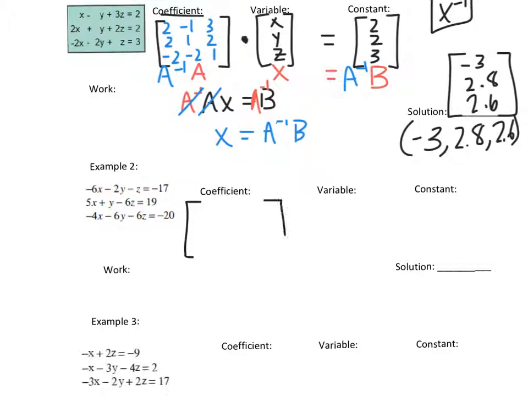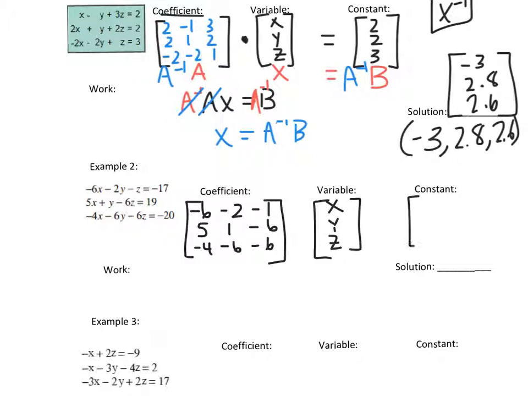So again, it's going to be a 3 by 3: -6, -2, -1, 5, 1, -6, -4, -6, -6. Your variable matrix is XYZ. And your constant matrix will be -17, 19, and -20.